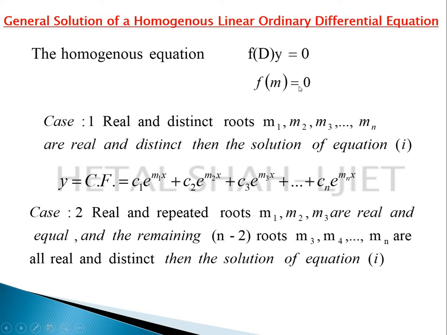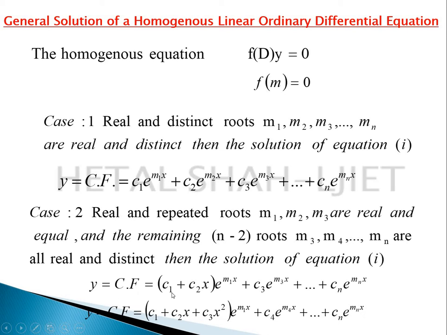But if the roots of this homogeneous linear differential equation are real and repeated, suppose m1 and m2 are real and equal, and the remaining n minus 2 roots are distinct.